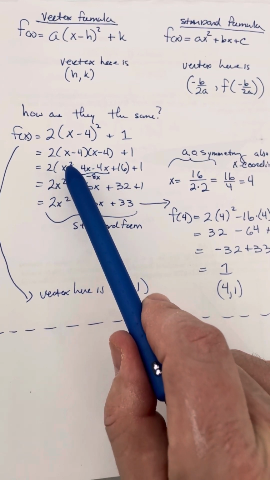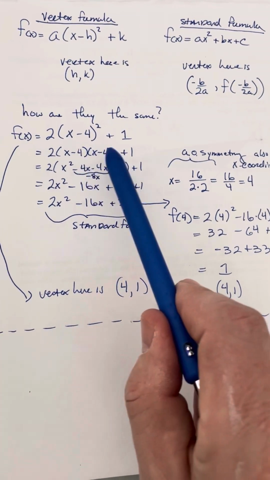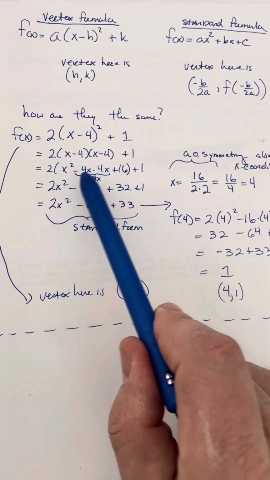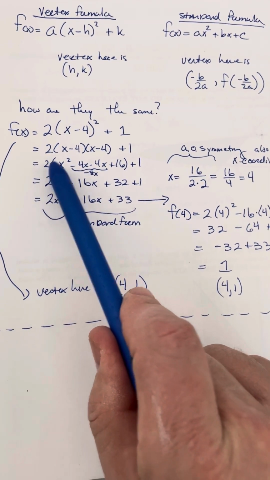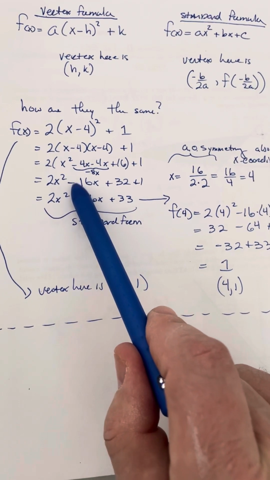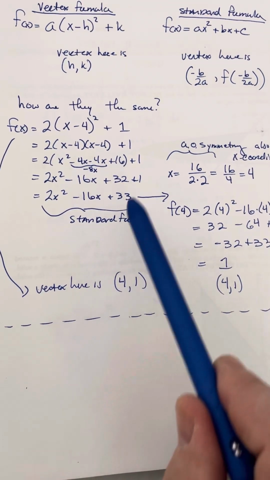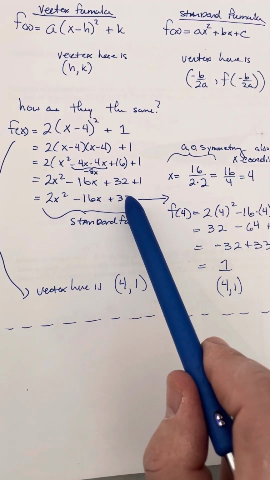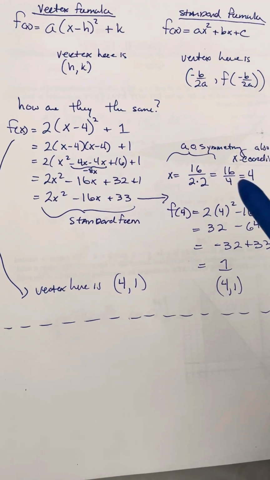So I'm going to end up with x squared minus 4x minus 4x plus 16. I'm going to combine those two, and I'm going to have -8x, and I'm going to take this 2 and distribute it through. So I will have 2x squared minus 16x plus 32, and I still have this plus 1. When I simplify it a bit more, I have 2x squared minus 16x plus 33.